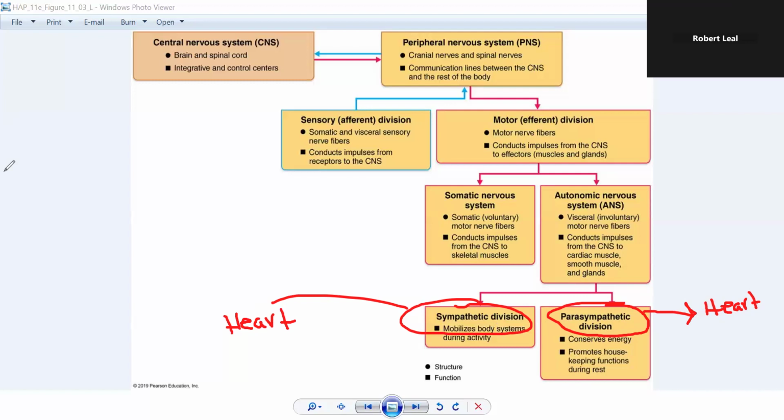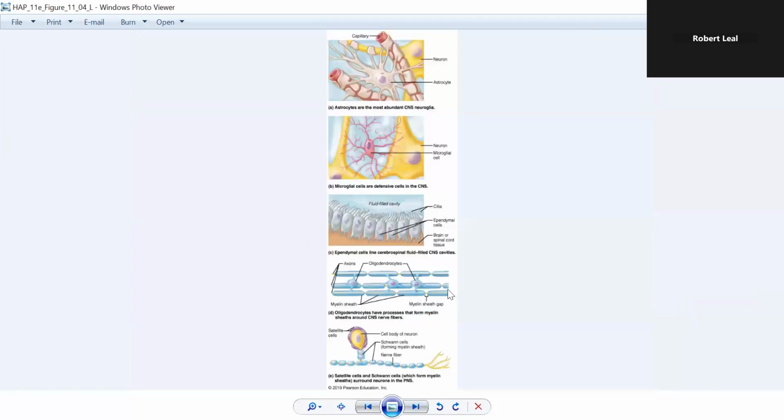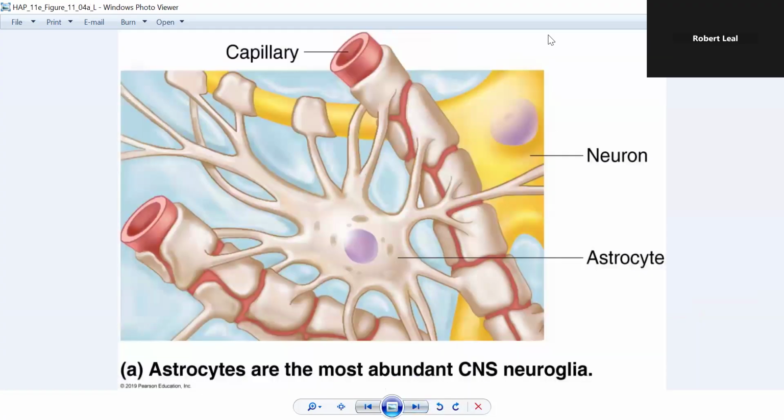All right, let's clear all drawings here. Then we're going to look at the support cells, the different types you find in the nervous system. So here you're looking at a support cell. It's called an astrocyte. Astro is referring to star shape. So here you've got a star-shaped support cell.